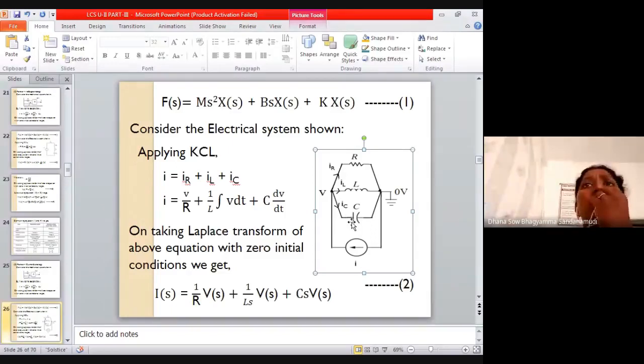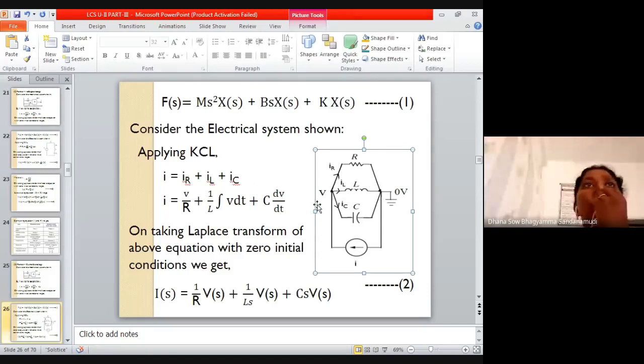So according to Kirchhoff's current law, applied current is equal to the whatever. It means the current entering at a node is equal to the current leaving at the node. So entering current is I and the leaving currents are IR plus IL plus IC.